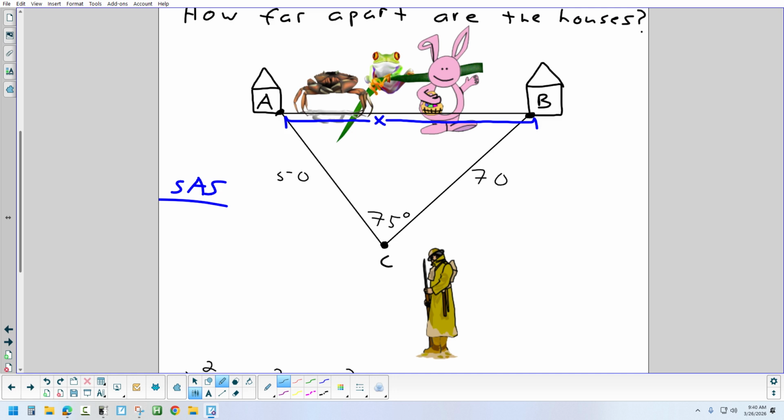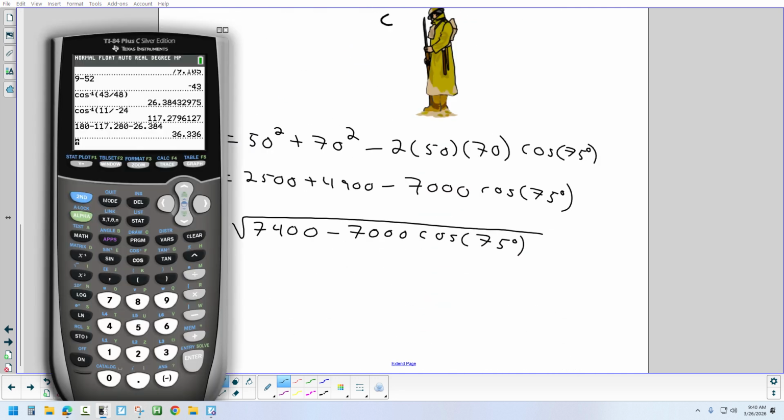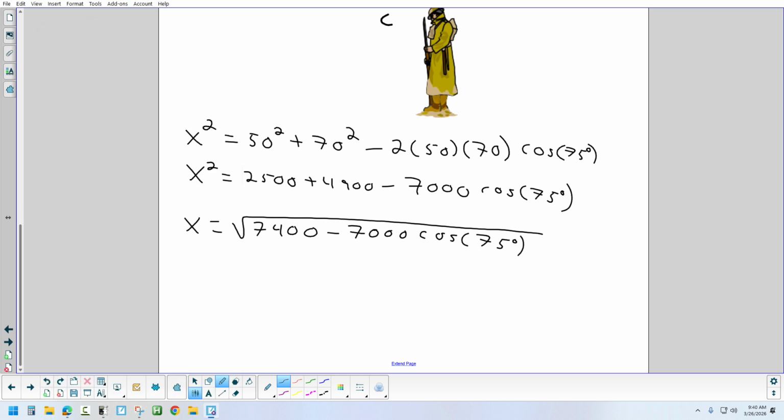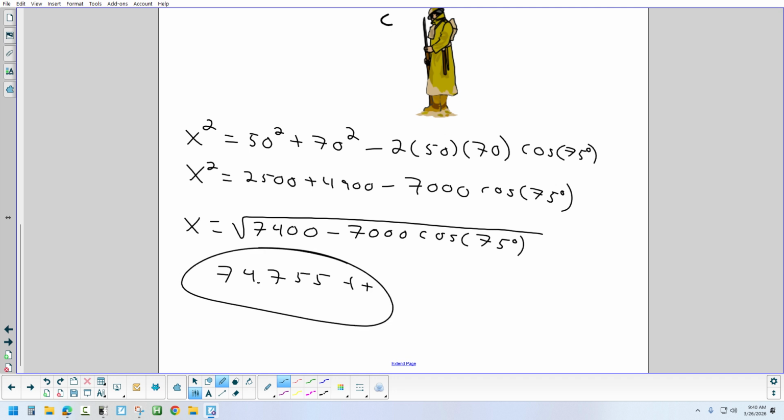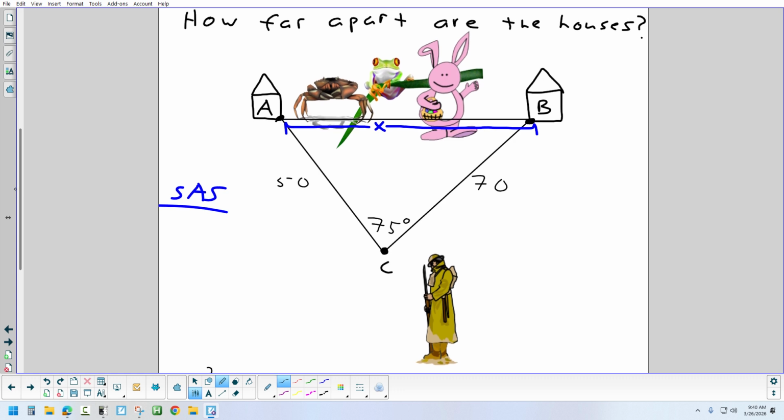If it is, you made a mistake. So the square root of 7,400 minus 7,000 cosine 75 gives 74.755. That is the distance between the two houses, and we stayed safe.